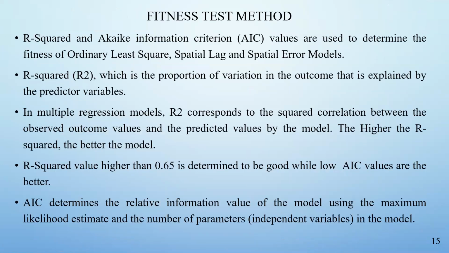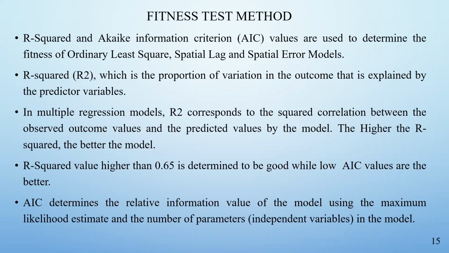Okay, the fitness test for the model to be applied. Once the regression results come out, we need to find out if the fit is good enough or not. So R-square and the Akaike information criterion, AIC, are used to determine the fitness of the ordinary least square, spatial lag, and spatial error models.